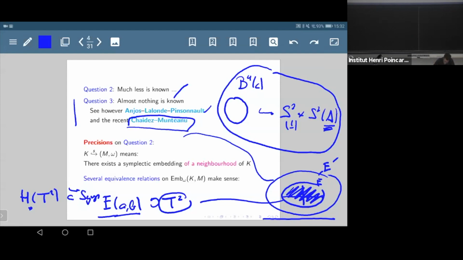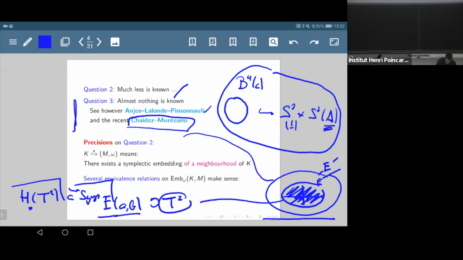So here, the embeddings do not change the set, but you can turn, and these, well, you have quite a lot of topology given by the inclusion here from the homology. So I didn't write it well, but I should say that the map of homology into the homology of the symplectomorphism of the set of symplectic embeddings of E into E prime is injective. That's the result. And more is not known about higher homotopy groups or homology groups.